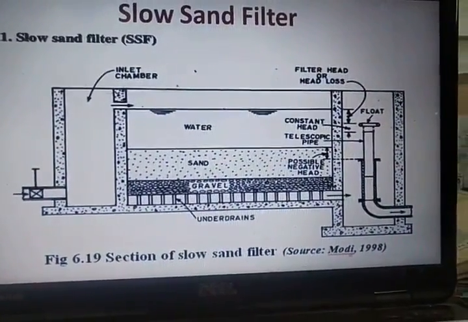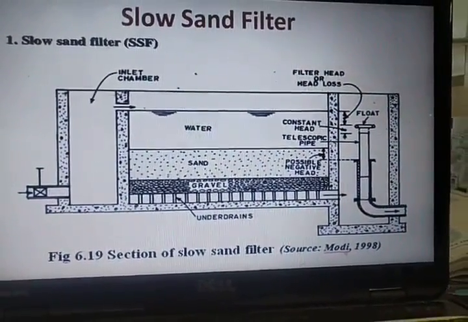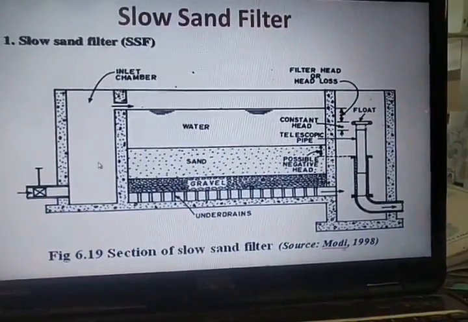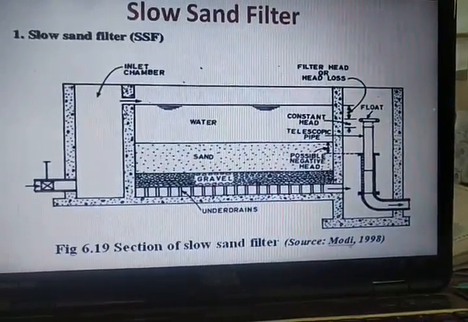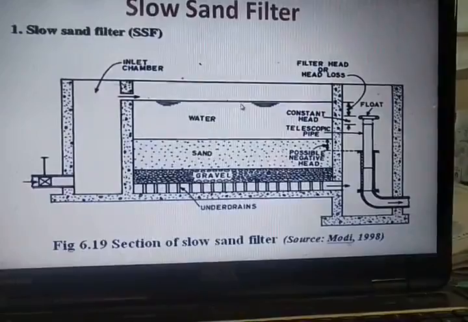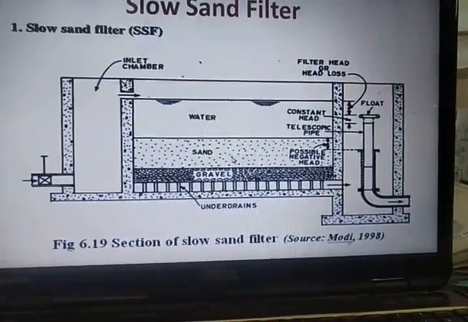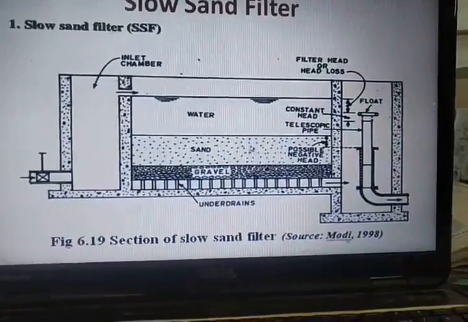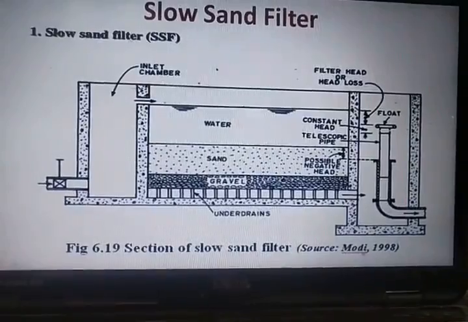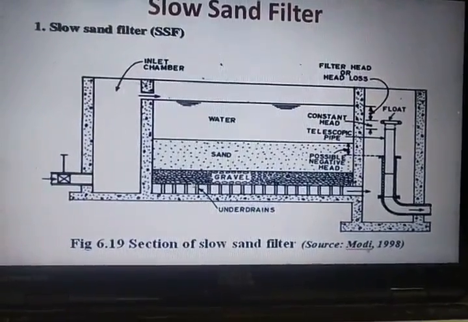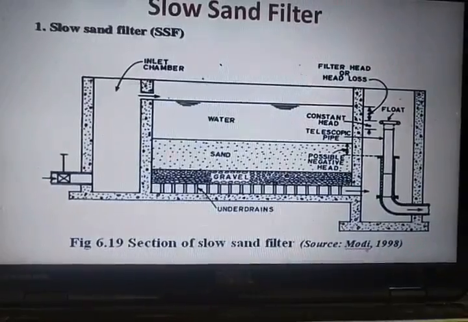See, this is the section of a slow sand filter. It consists of an inlet chamber through which the water is let inside, and the water is allowed to stand over a bed of the sand filter. This is the layer of the sand, and below this you have the gravel layer, and this is called the under drainage system.